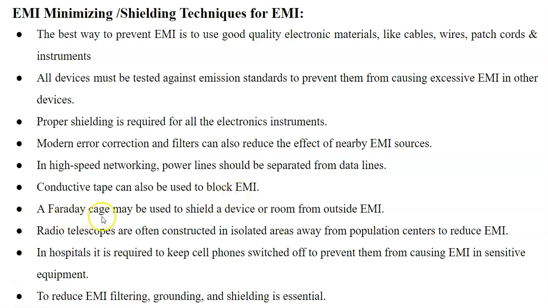A Faraday cage may be used to shield a device or room from outside EMI. Radio telescopes are often constructed in isolated areas away from population centers to reduce EMI. So this is the reason why we have the radio telescopes far away from the city areas.